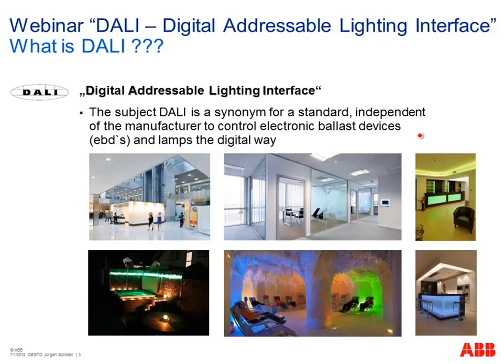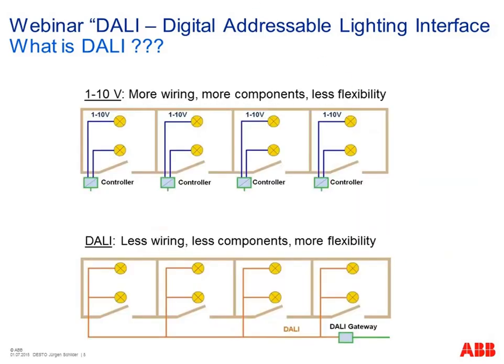To control any kind of lamps you additionally need a dedicated electronic ballast. One topic here is to replace more and more the 1 to 10 volt technology, which is another solution.